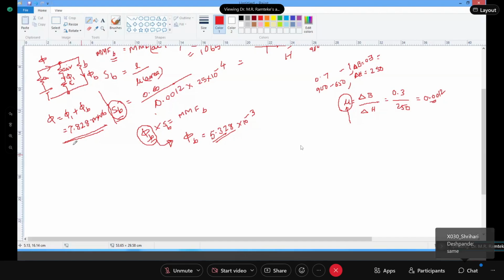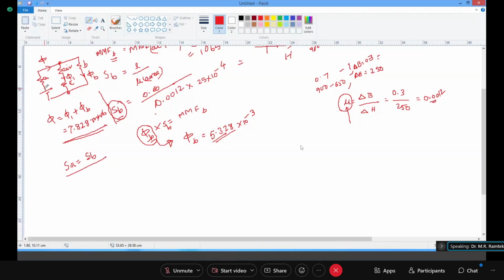So the reluctance SA will be equal to SB. The reluctance of this and the reluctance of this will remain the same.